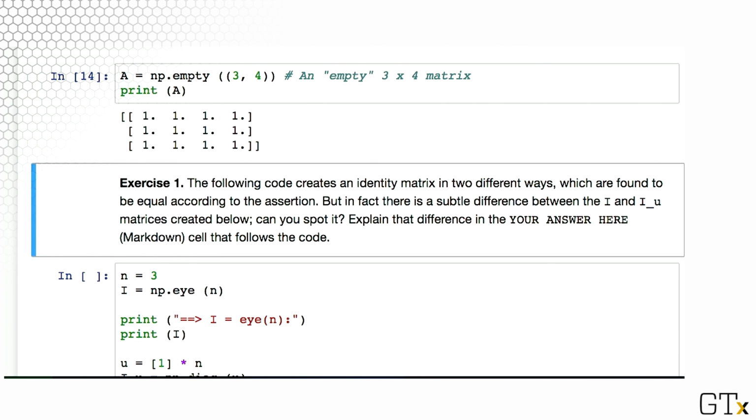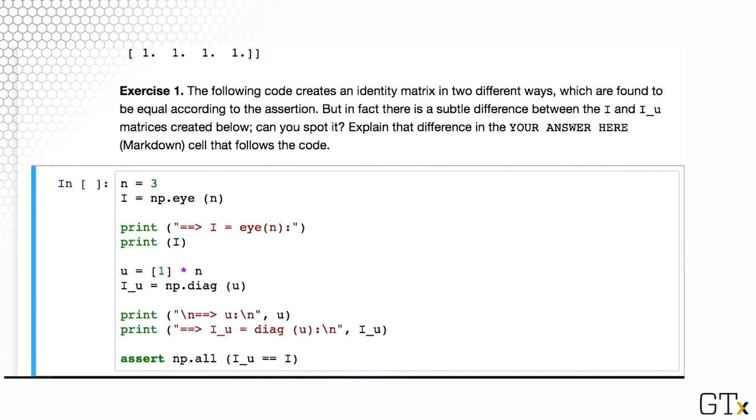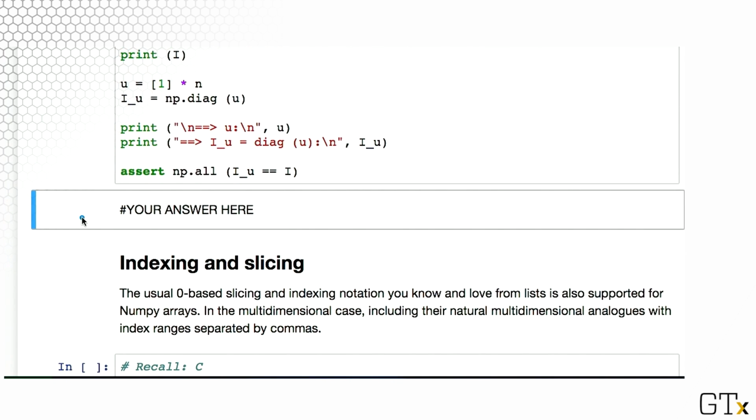Now that you understand how to create arrays in NumPy, look at exercise 1. This exercise provides you with an identity matrix created in two different ways, which are found to be equal as per the assertion. But in fact, there is a subtle difference between the I matrix and the IU matrices created. Explain that difference over here. Once done, you can move on to the next lesson.